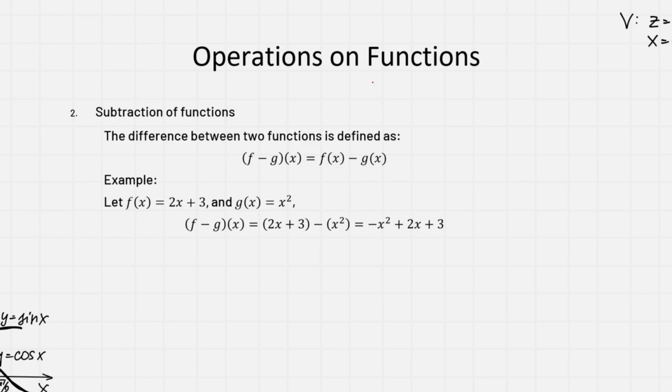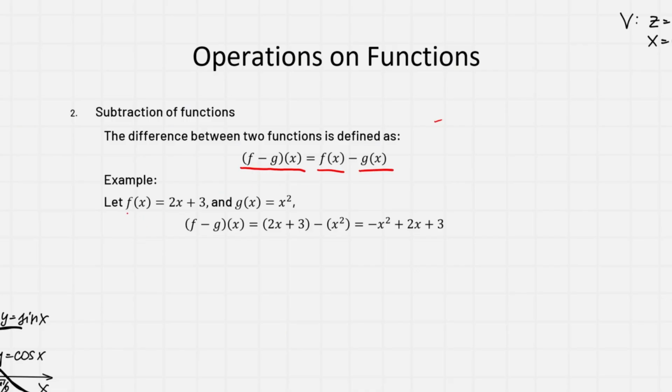Next, subtraction of functions. Given two functions, f of x and g of x, if we're going to get the difference between the two functions, it is defined as f minus g of x, which is equal to f of x minus g of x.